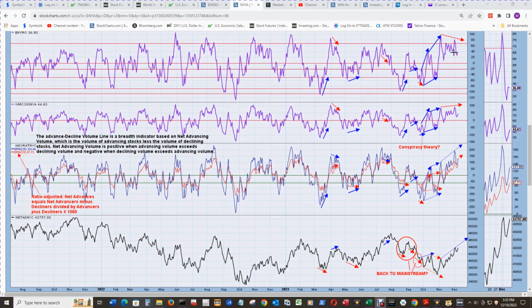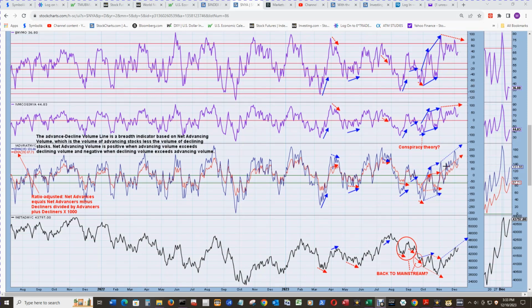So let's give this a chance for the breadth to expand to all the other left behinds, which is starting to happen, just not reflecting here in the ratio adjusted McClellan breadth oscillator.